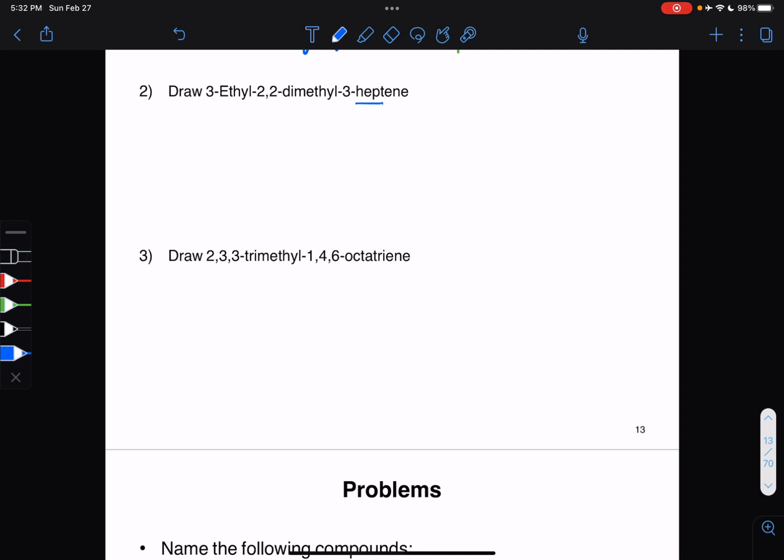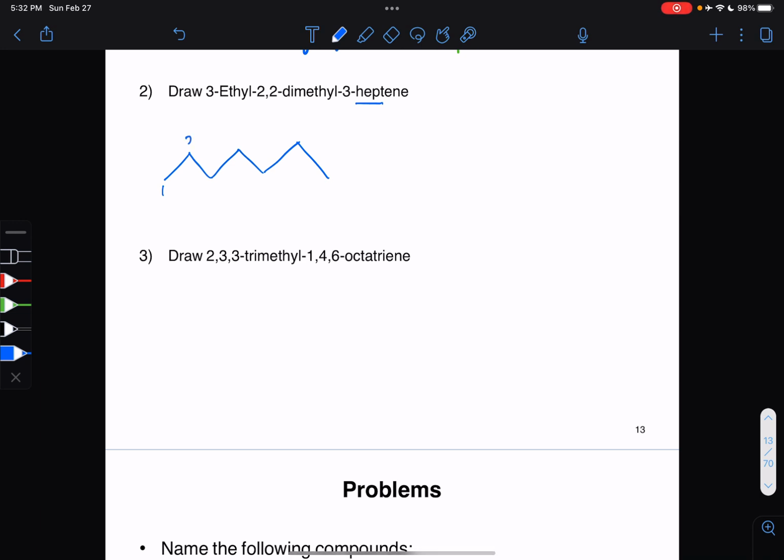Okay. 1, 2, 3, 4, 5, 6, 7. And remember, I could draw this upside down so it looks like an extended W with another V hanging off of it, or I could draw it sideways or diagonal or whatever. All right. So let's go ahead and number the carbons to make sure we've got 7.